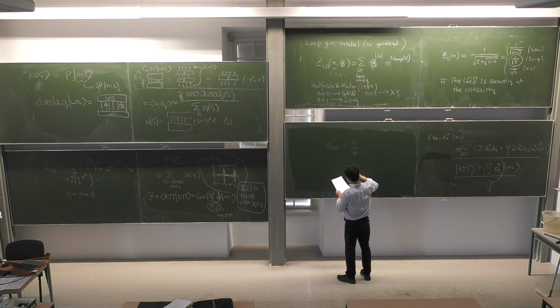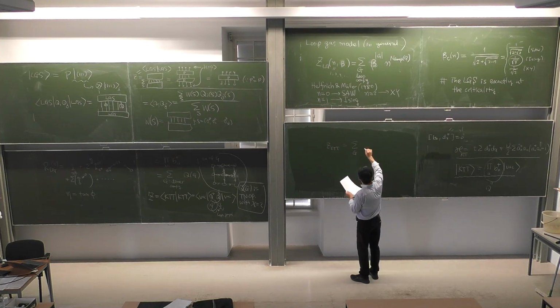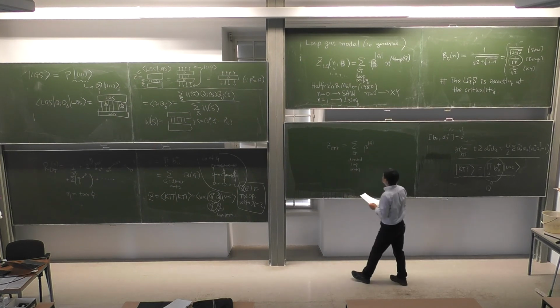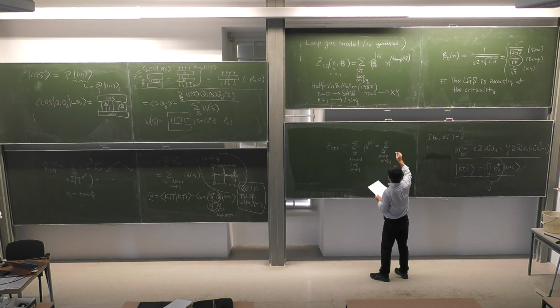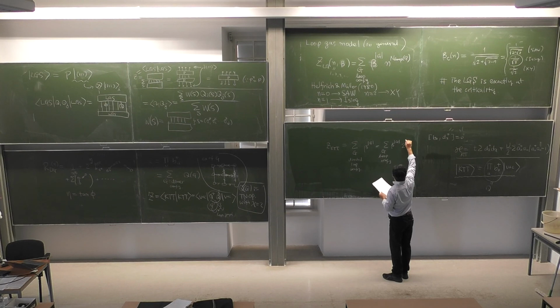But believe me, in the end, we can get G. Actually, this time, a directed loop configuration and beta G. And if you replace this G by the non-directed loop, we can compensate such a factor by introducing an additional factor in the loop.